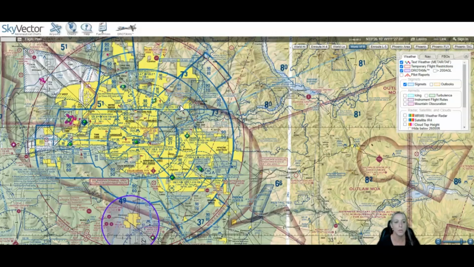All right. So what you want to do is make sure you know how to identify what Class Bravo airspace looks like on a chart, but then also be able to identify those different shelves. Look at these numbers here to help you identify where the bottom of that shelf and the top of that shelf are.